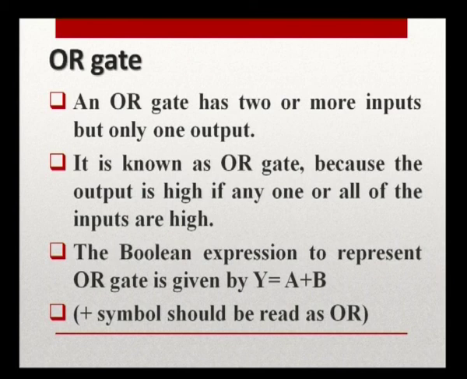It is known as OR gate because the output is high if any one or all the inputs are high. The Boolean expression to represent the OR gate is given by this expression: y is equal to a plus b. The plus symbol here is the symbol used for this OR operation.